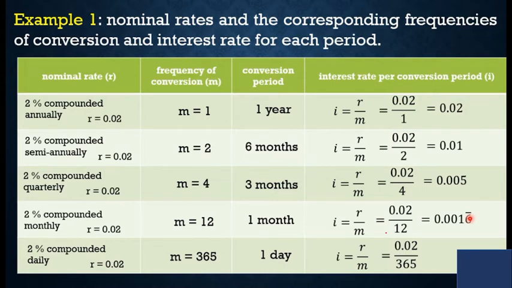So, the nominal rate. Example 1. The nominal rates and the corresponding frequencies of conversion and interest rate for each period. 2% compounded annually, 2% compounded semi-annually, 2% compounded quarterly, 2% compounded monthly, 2% compounded daily.